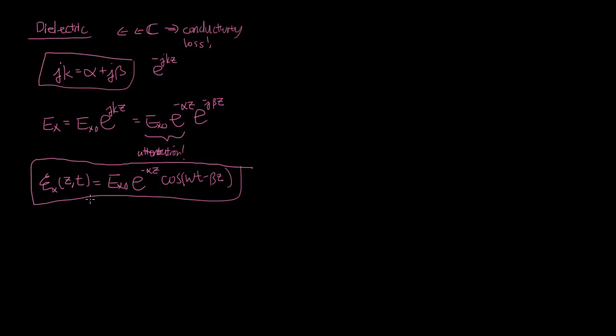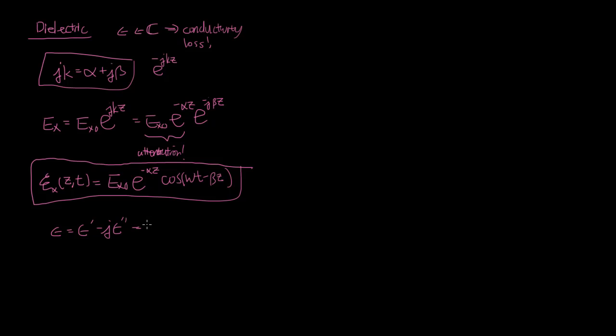So how do we relate this to physical material parameters that we know? Ultimately, this comes back to the permittivity being a complex number, as I described up here. If we write the permittivity epsilon as epsilon prime minus j epsilon double prime, epsilon double prime is referring to the imaginary component, and epsilon prime is referring to the real component.